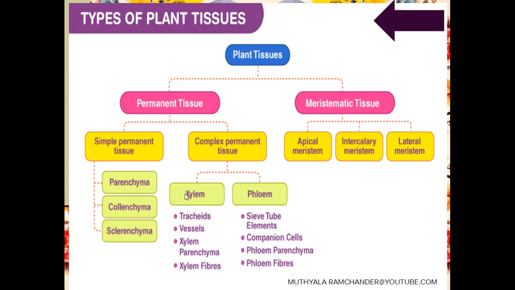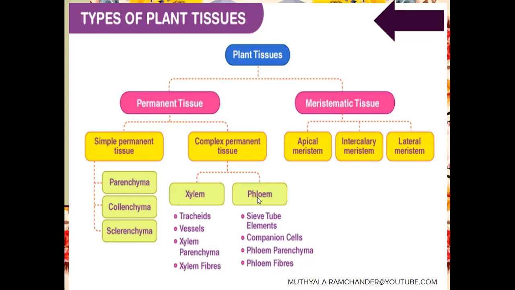See, in xylem, many different types of cells are present: tracheids, vessels, parenchyma, and fibers. Four different types of cells are present in only one structure. So xylem is composed of structurally different types of cells, but they have only one function, that is conduction of water and minerals to all plant parts.